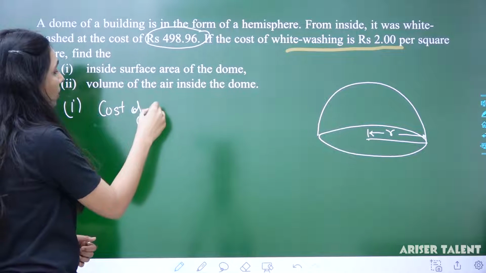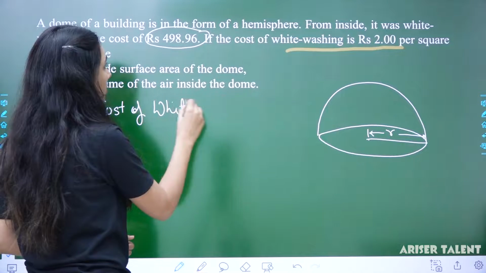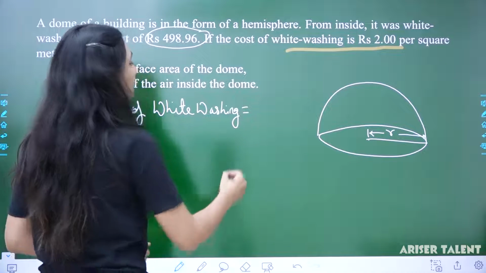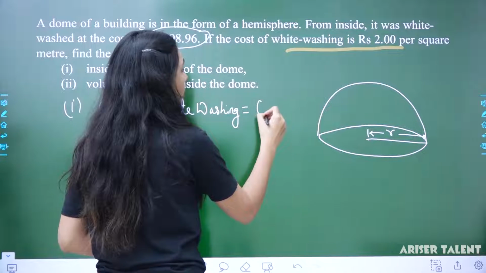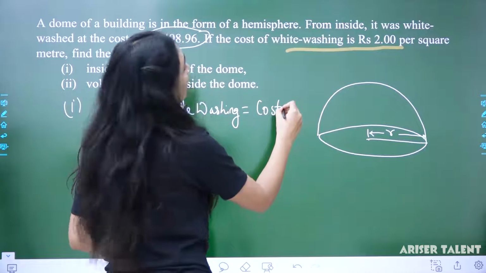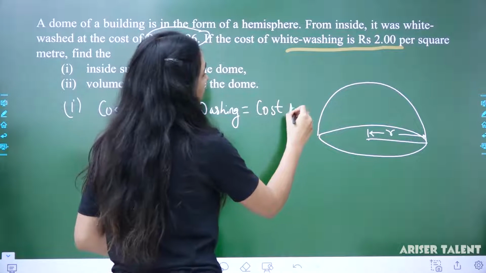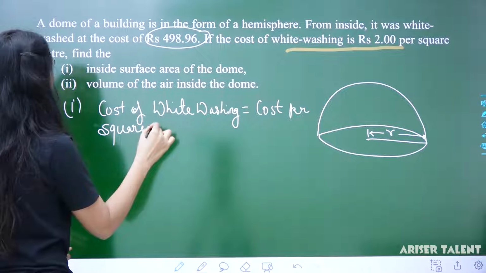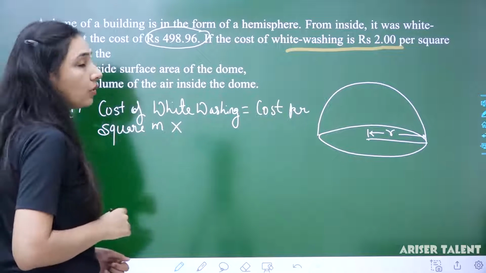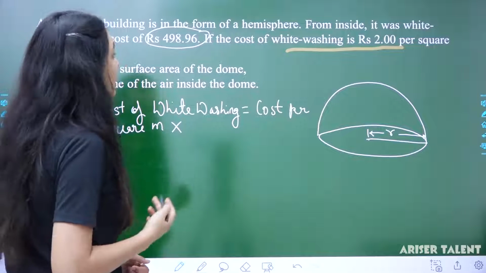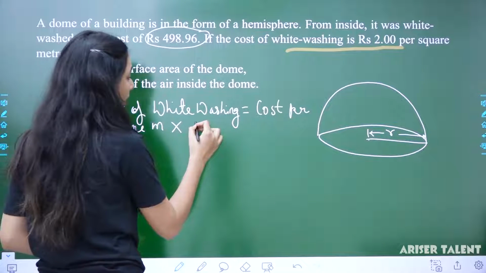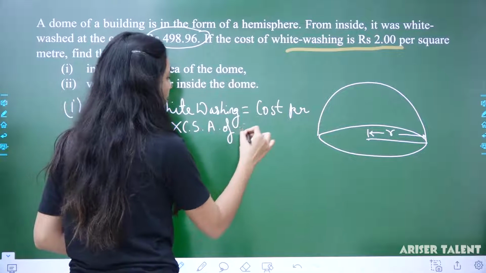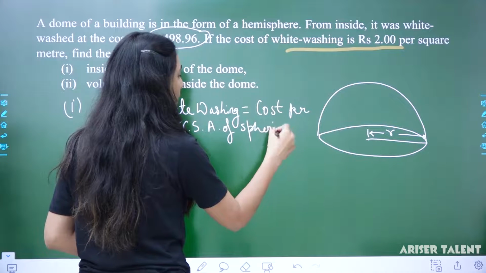Cost of whitewashing is equal to cost per square meter multiplied by the curved surface area of the spherical dome.